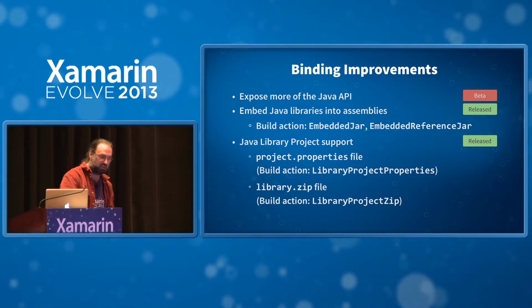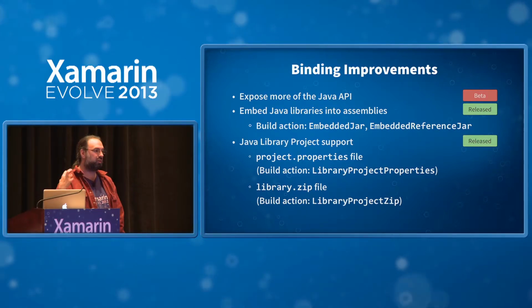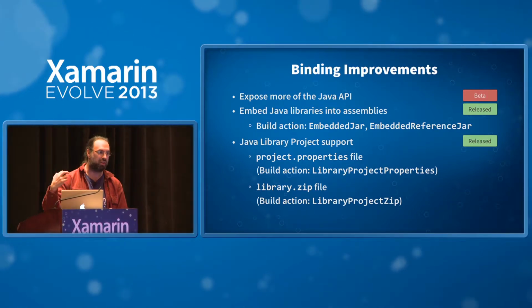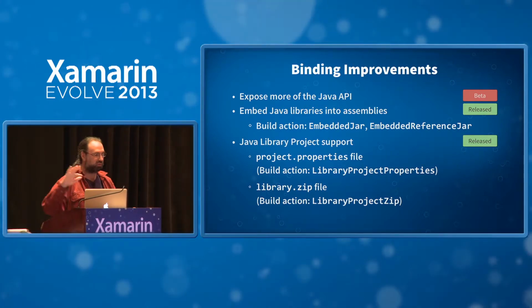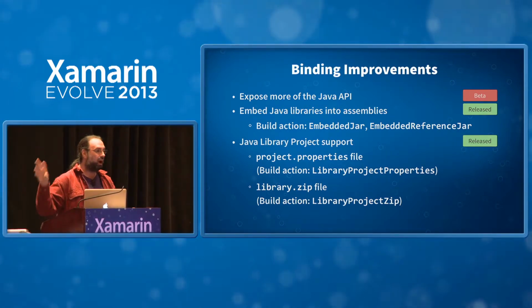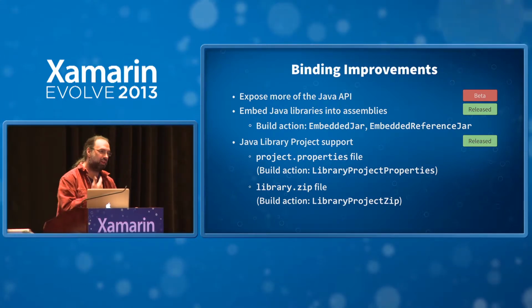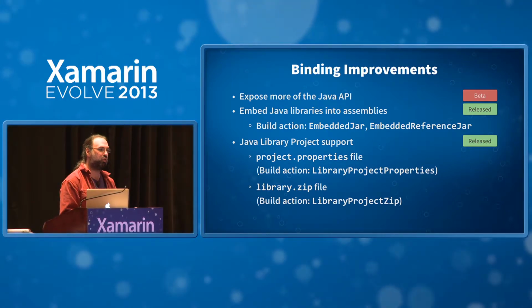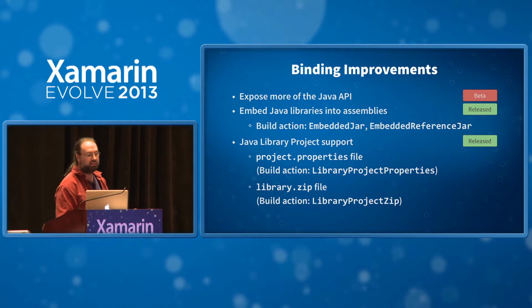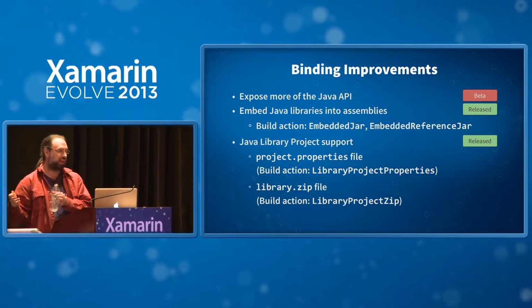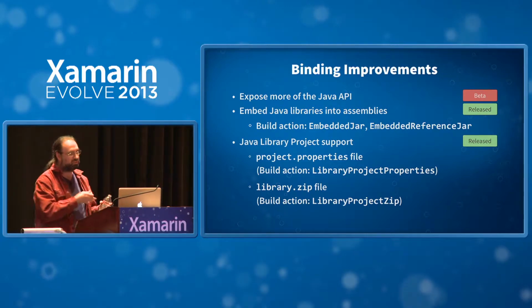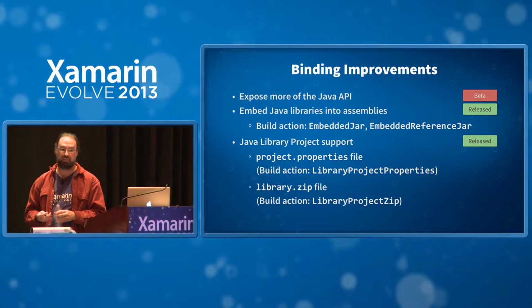So what you can instead do is take your bin directory from the Java library project build, so your jar file and all the asset resources and everything else. You can zip that up into a single file, and then add the zip file to your binding project and set the build action to library project zip. And then we will traverse that and add all of those as resources that can be used by referencing applications.